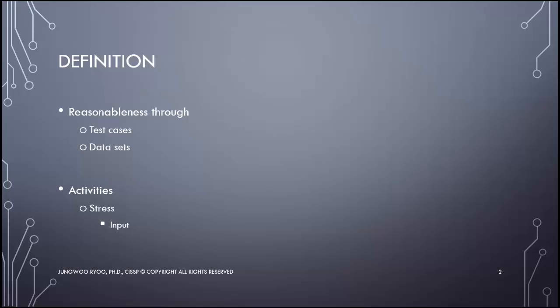So the idea here is, even if you provide unexpected inputs, the software should still be behaving properly by handling the invalid, out of bound type of inputs as well as the expected inputs. And then of course the next step is to see what happens. So observe here means basically watching what happens when we provide these different types of inputs to the software.